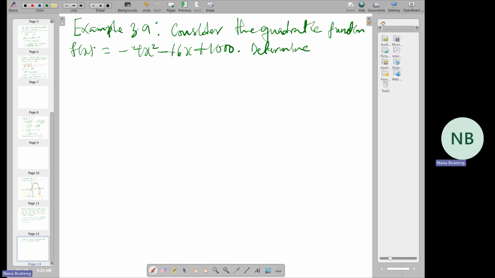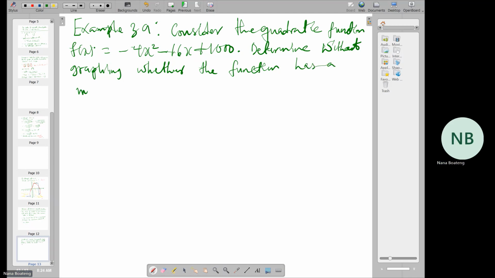Determine without graphing whether the function has a minimum or a maximum.